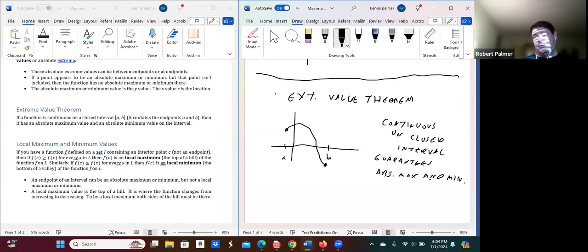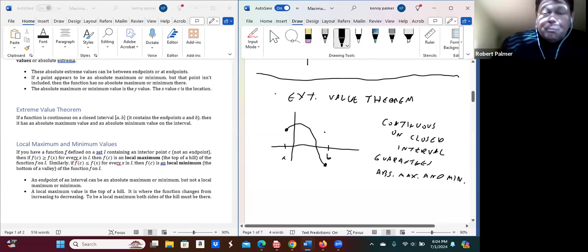It guarantees we have both. Okay. It's only if it's on a closed interval and continuous. If that's not true, that can throw you off. That's a useful property to have, because many of the functions you would use in real life will be like that. They will be continuous and they'll be on some closed interval.